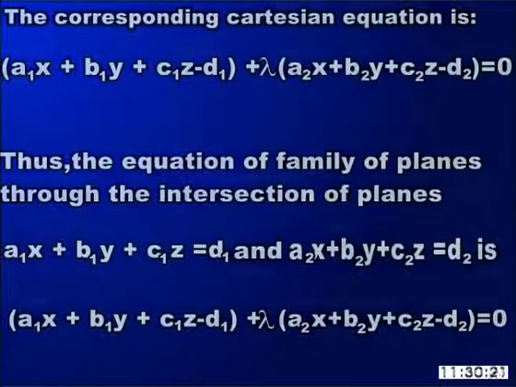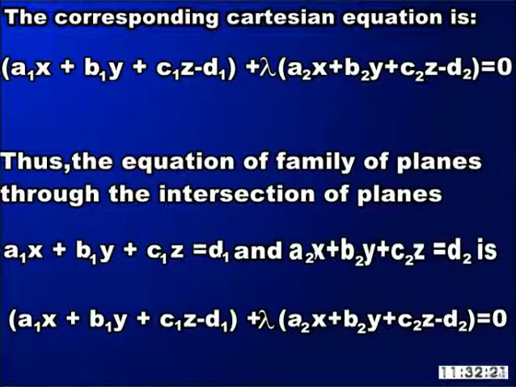The corresponding Cartesian equation is a1 into x plus b1 into y plus c1 into z minus d1 plus lambda into a2 into x plus b2 into y plus c2 into z minus d2 is equal to 0.